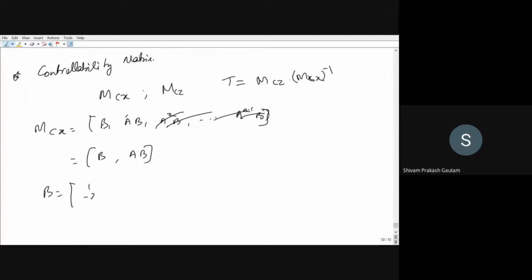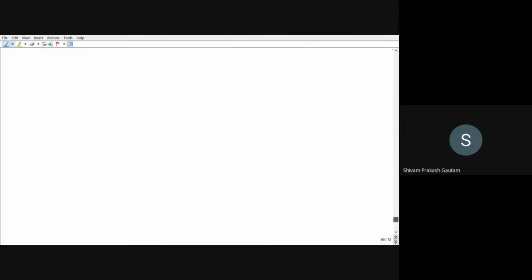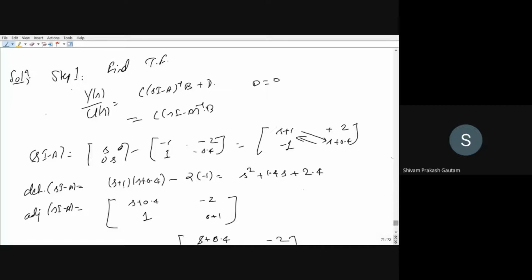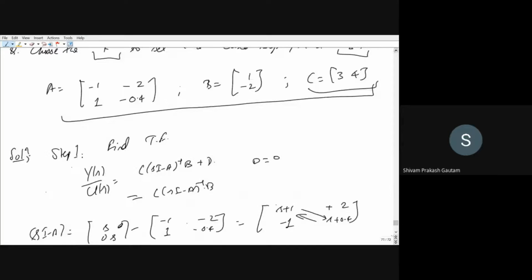And for AB matrix we have to multiply A and B matrix. So B matrix is 1 and minus 2 multiplied by A matrix. A matrix is, I think, minus 1, minus 2, 1, minus 0.4.